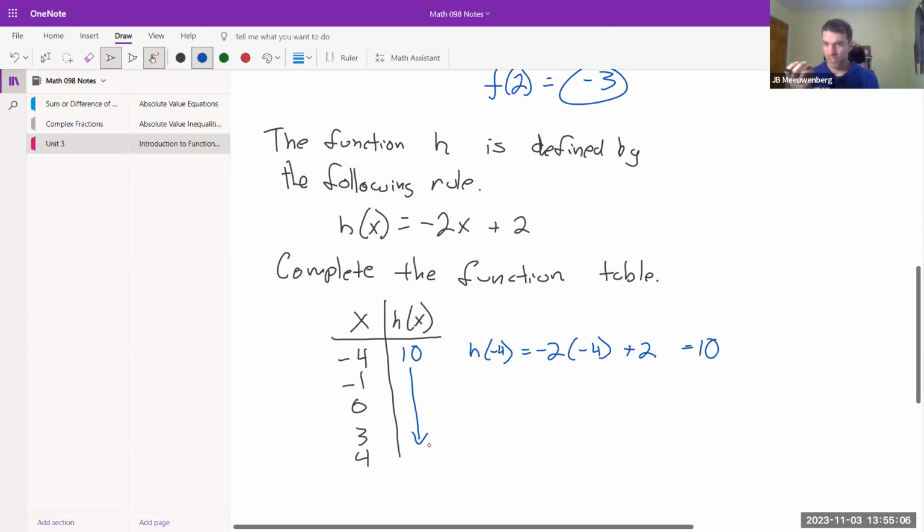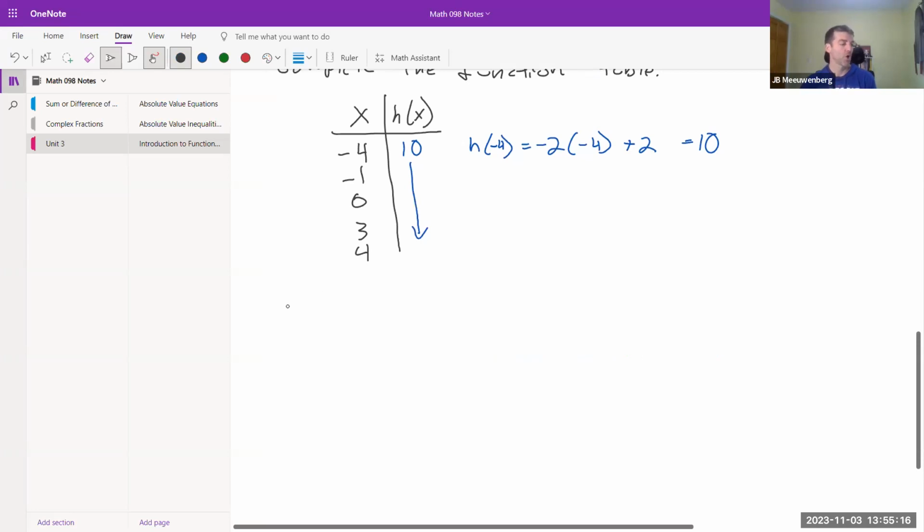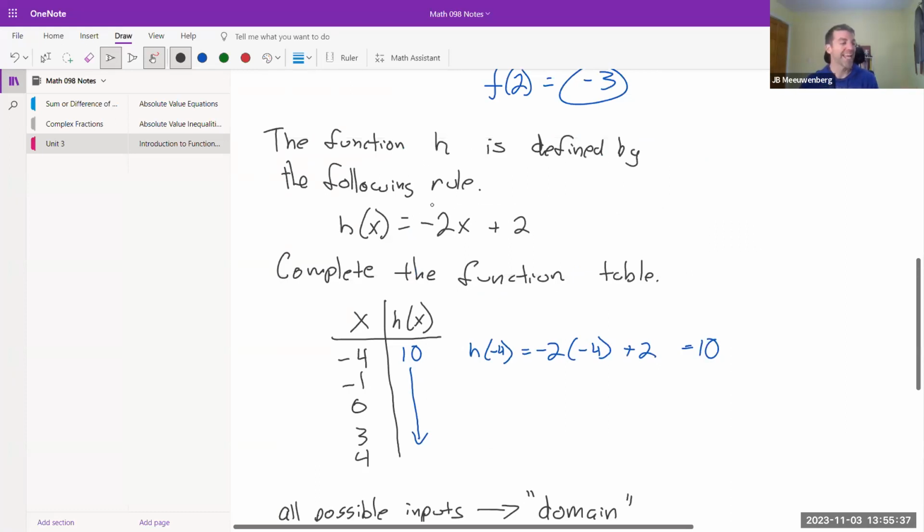Now, there are a couple other terms that go along with these ideas of inputs and outputs. When we're looking at a function, all possible inputs are called the domain. So for most of the ones we've looked at so far, we could put any number we want into x right there.